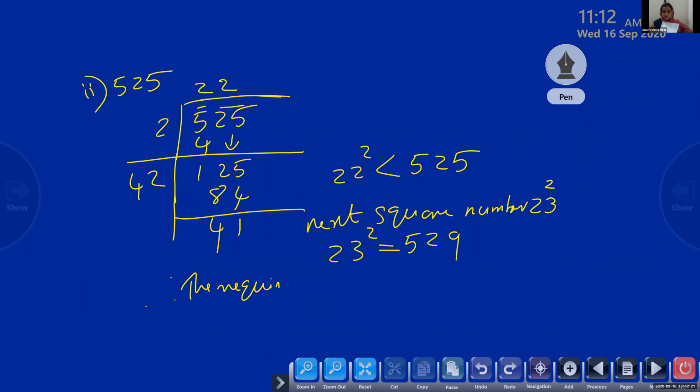Therefore, the required number to be added, sorry, not subtracted, we have to add, right?